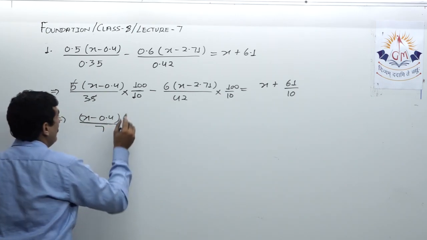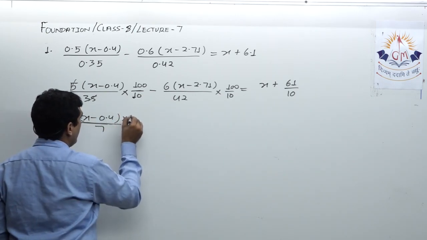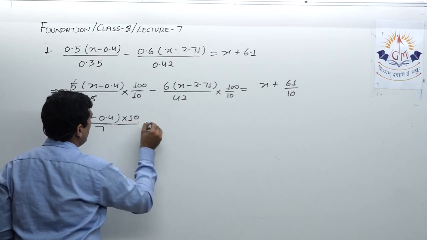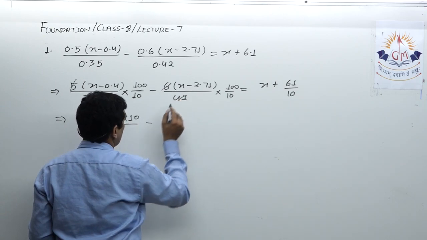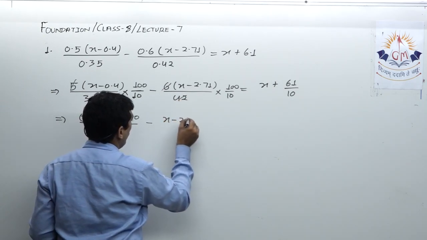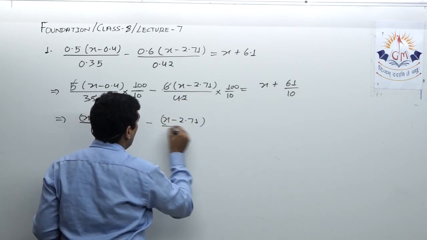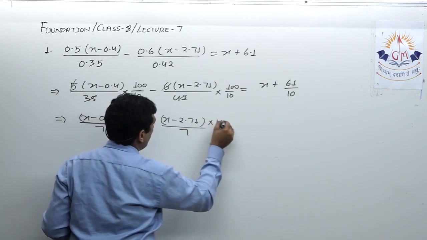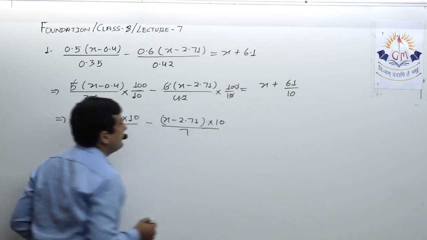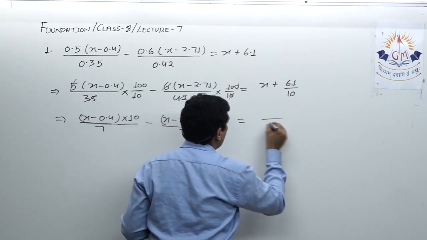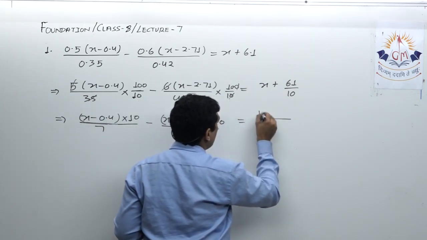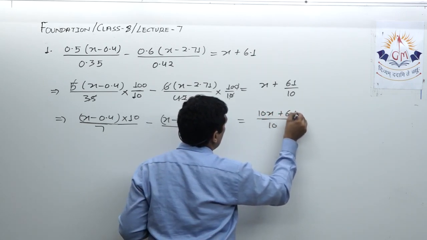And here I can cancel, so I will get 10 in the numerator, minus 6 7s are, so x minus 2.71 upon 7 multiplied by 10, because here again I can cancel this 0, and over here if I take LCM, the LCM will be 10, and here I will get 10x plus 61.